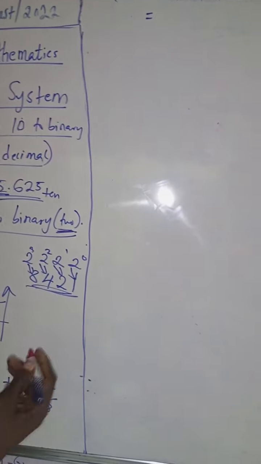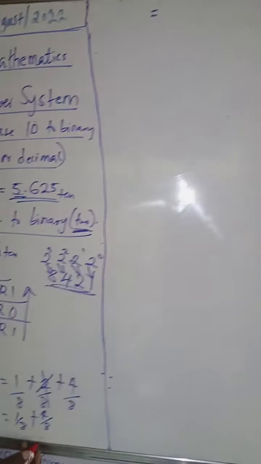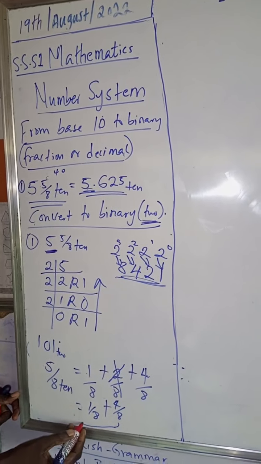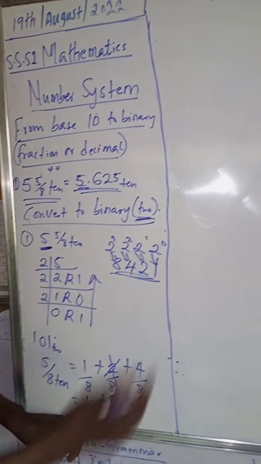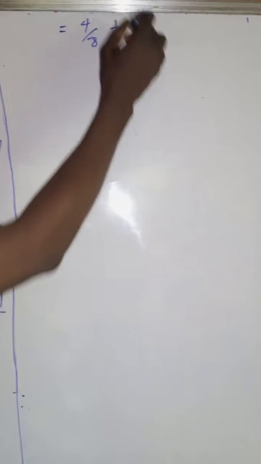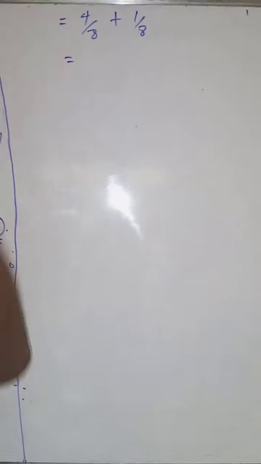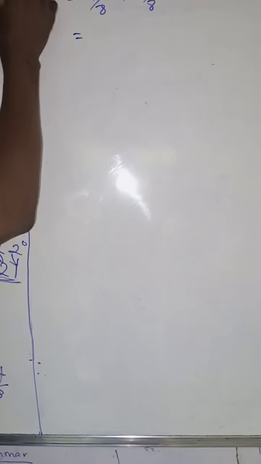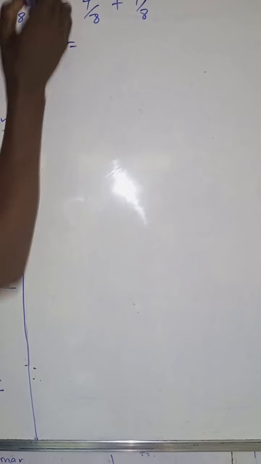Then what I do here is that I will change it. I'll start writing it from the back. So it will be equal to 4 over 8 plus 1 over 8. So what is giving me all this is 5 over 8 base 10.